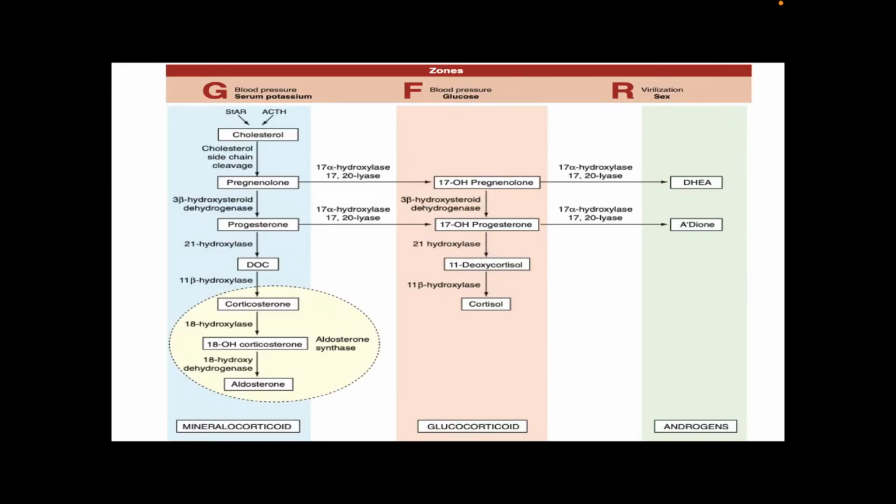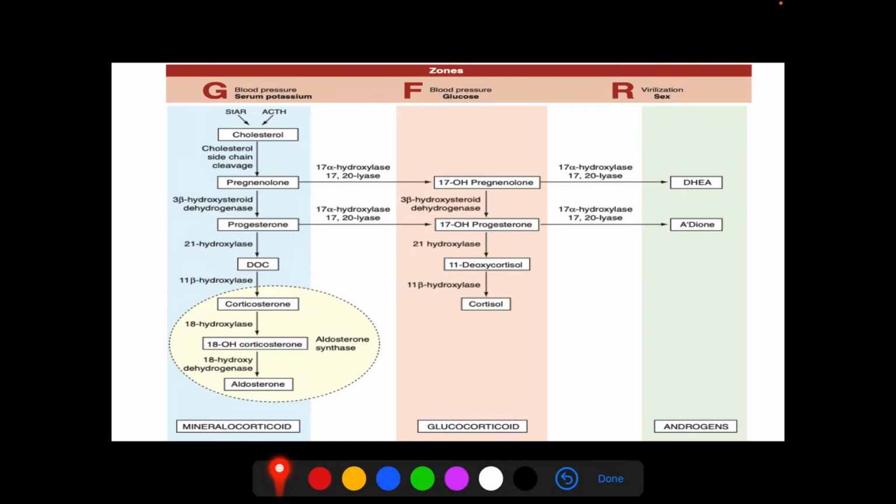Now, what you're seeing here is the steroidogenic pathways of the adrenal cortex. And remember, the adrenal steroid hormones are categorized as mineralocorticoids, glucocorticoids, and androgens. They are respectively produced from the glomerulosa, fasciculata, and reticularis. So this is producing the salt of the body, this one sugar, and of course this one sex hormones.